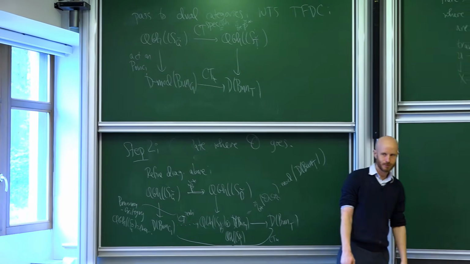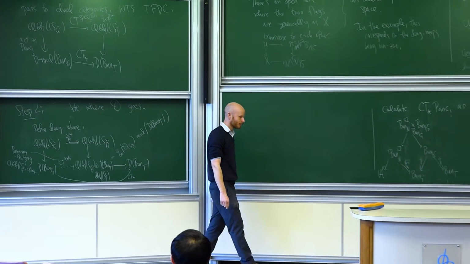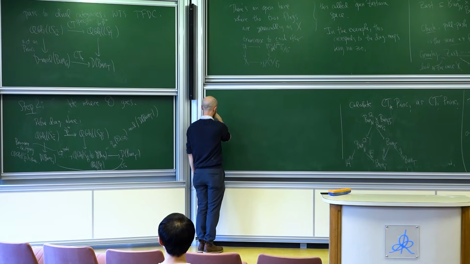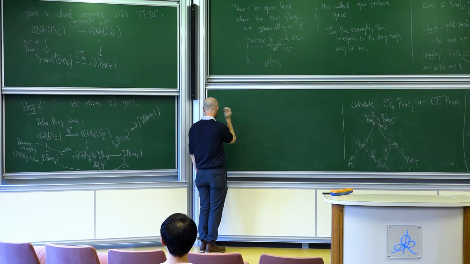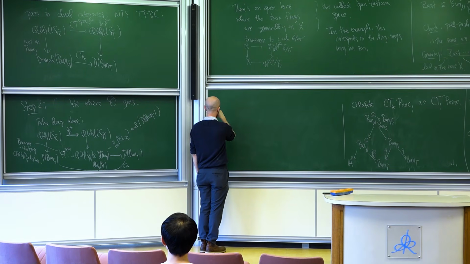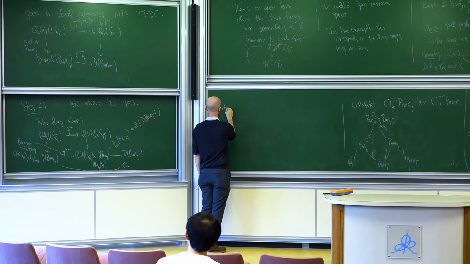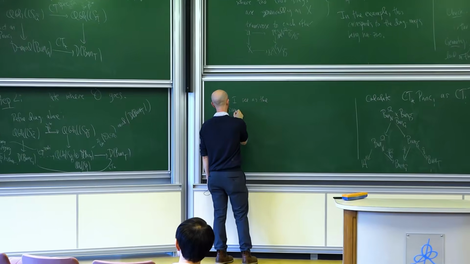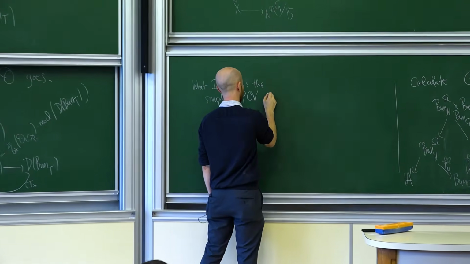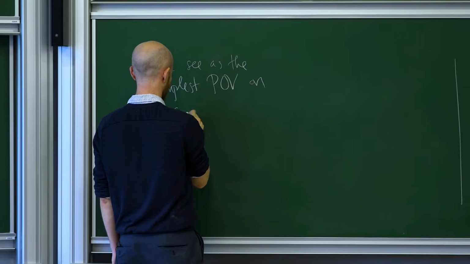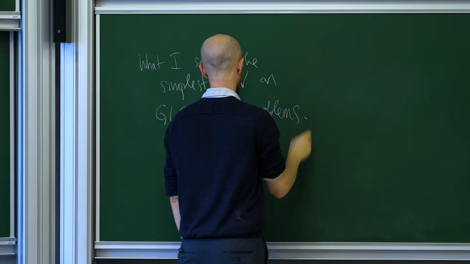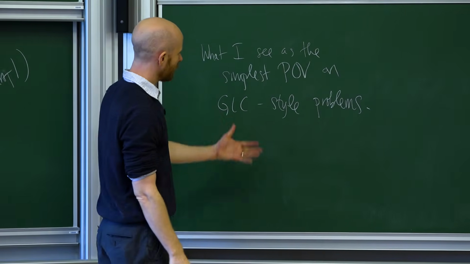Other questions? Okay, I want to make one comment on what I see as the simplest point of view on geometric Langlands conjectures, in terms of what kind of thing you are supposed to do.